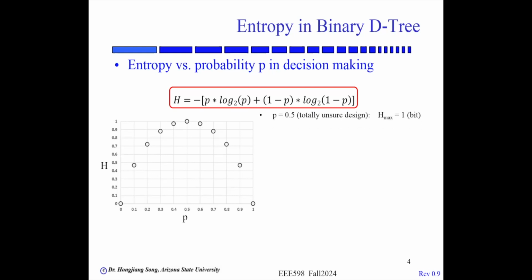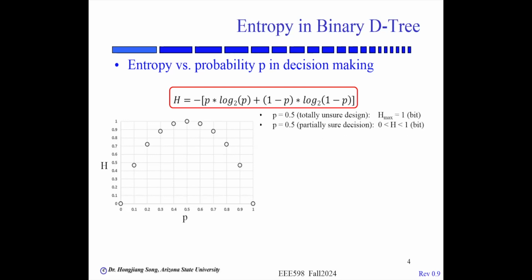First, at the beginning of the design, if you have no clue about your decision, your probability will be half and half for each option. In this case, we have the maximum entropy of 1 bit.